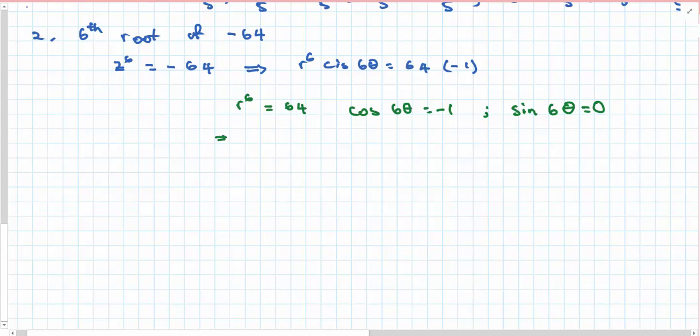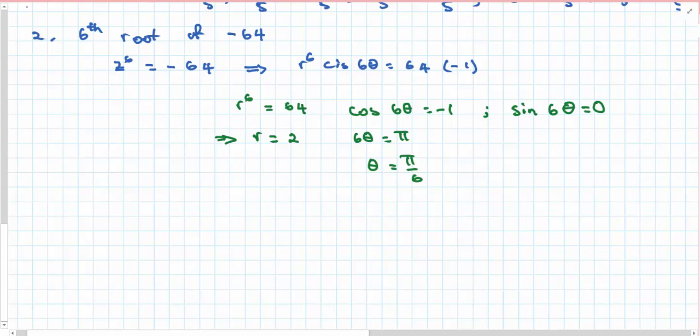So this results in r equaling 2, and our base angle for 6 theta as before is pi, which would result in theta being pi on 6.